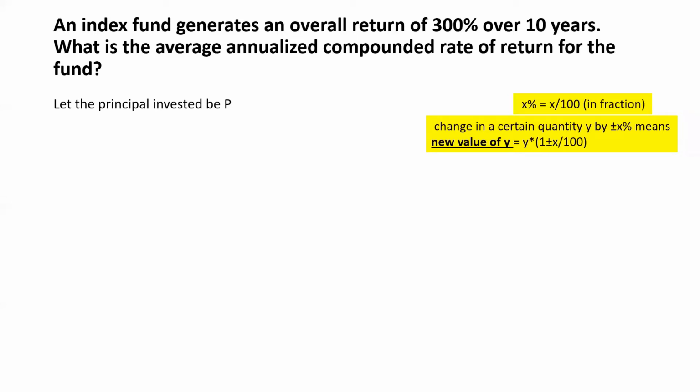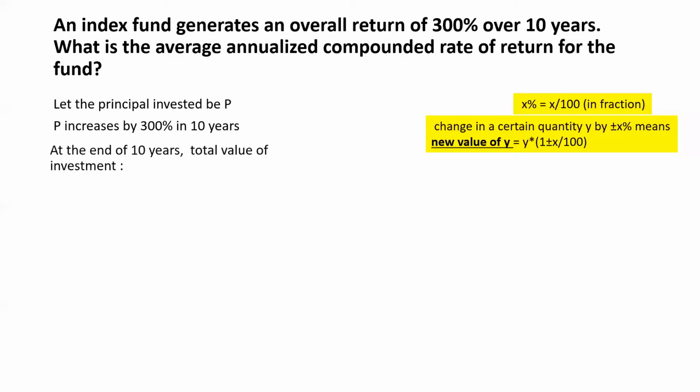Well, P actually grew by 300%. So that's what it means, that the overall return of 300% over 10 years means that at the end of 10 years, P increased by 300%. So if that's the case, what's the value that the investment grew to at the end of 10 years?